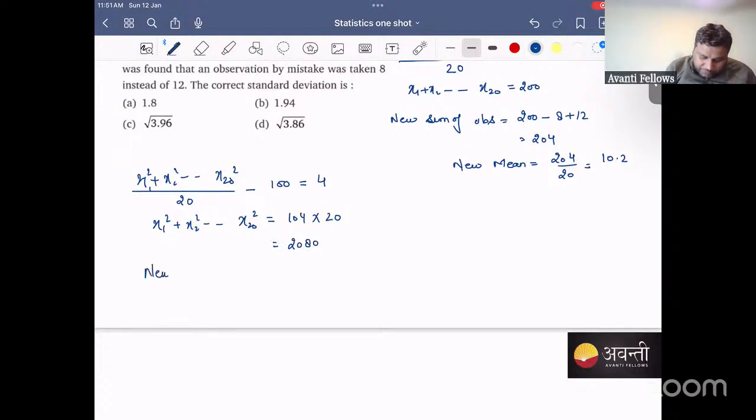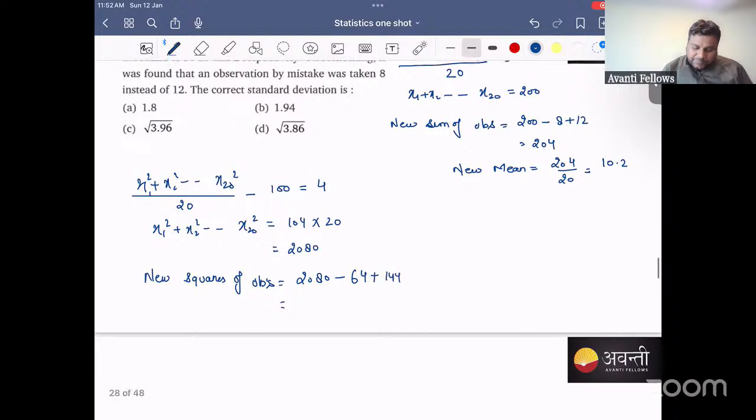Now the new sum of squares of observations is what? 2080, subtract 64 and add 144. Understood? So it is 2080 plus 80. That is 2160.